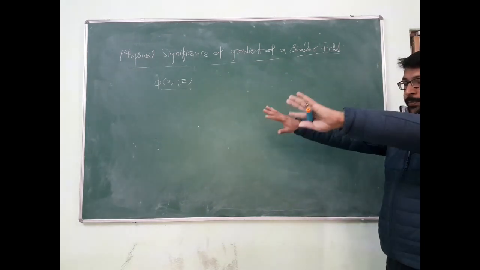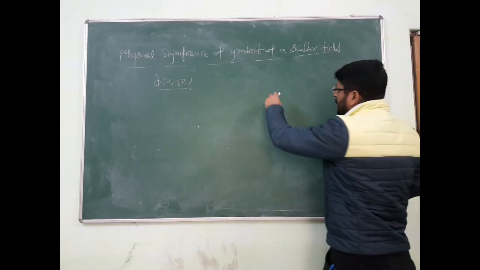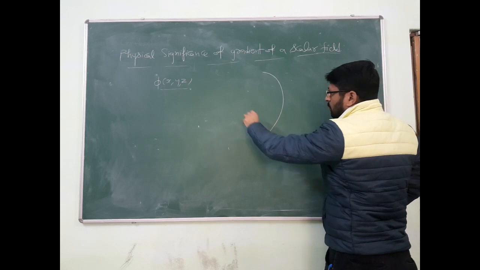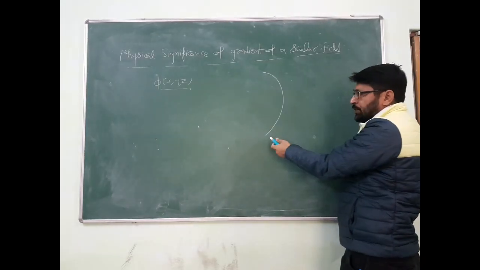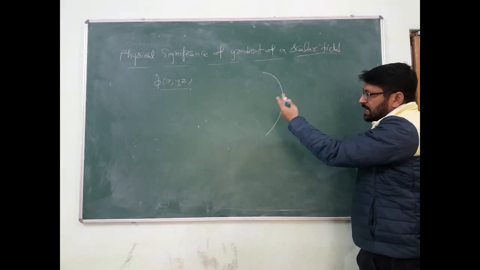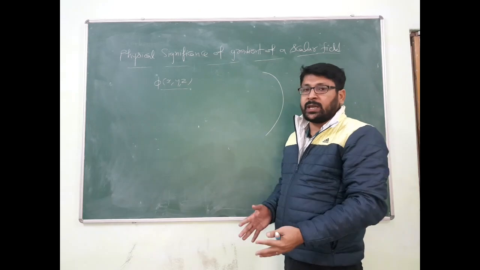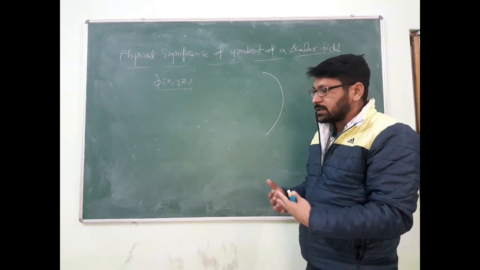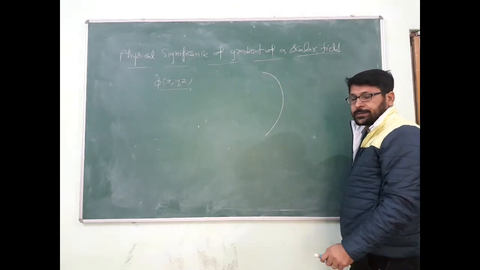But suppose in a field we have many points which have the same value of this phi at different x, y, z. Okay, x, y, and z is changing, but still at all those different points there might be a possibility that this function has the same value, and we have joined all those points on that surface.